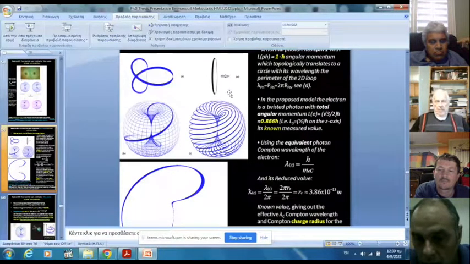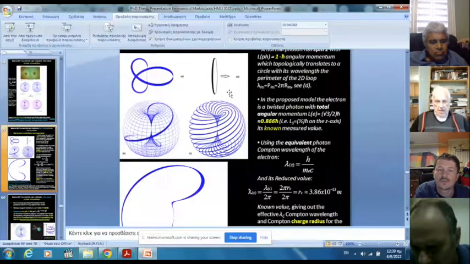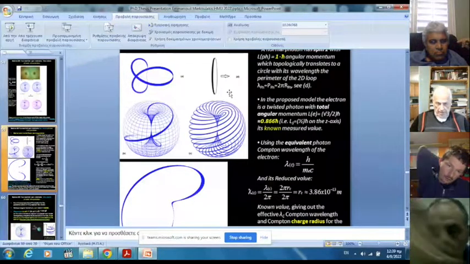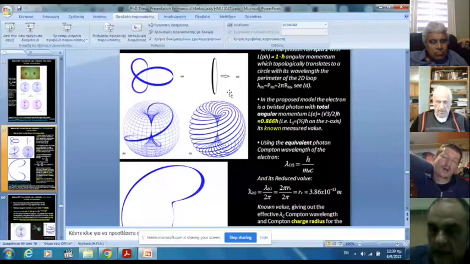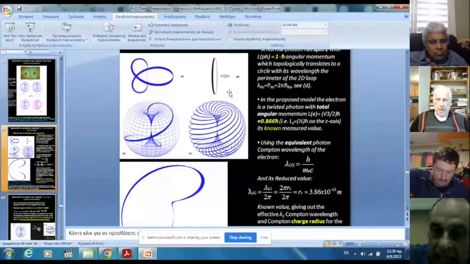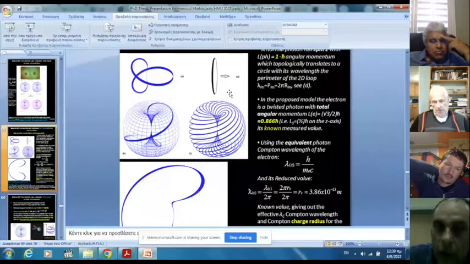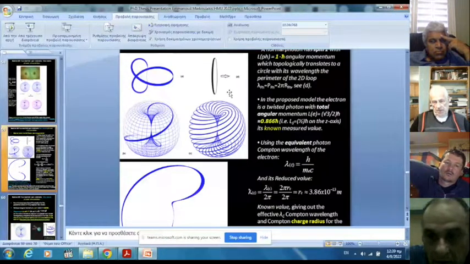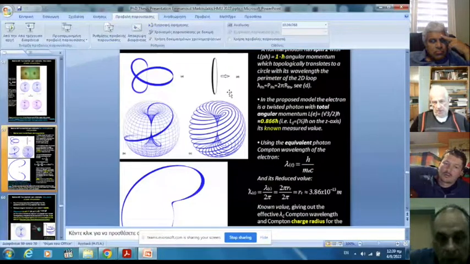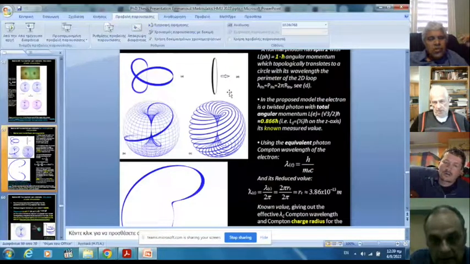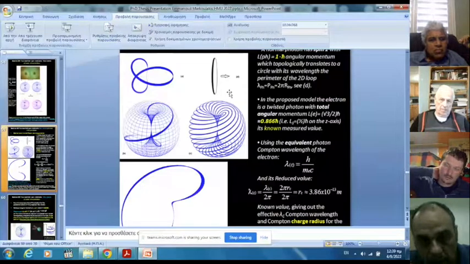If you go and review what the Compton wavelength is, it's an effective value. It represents the energy of an electron when it's converted to a photon. It's the equivalent energy of the electron when it's converted to a photon. That's the definition of the Compton wavelength.